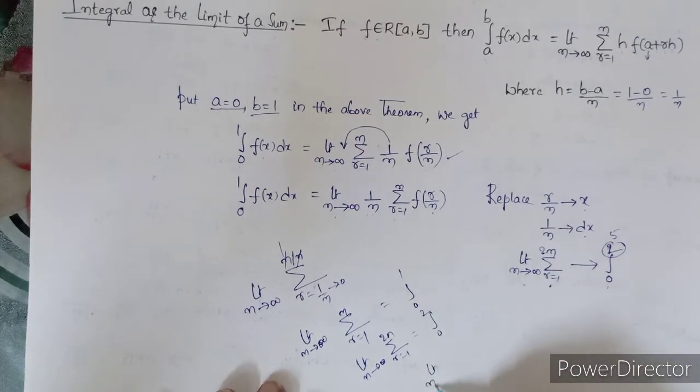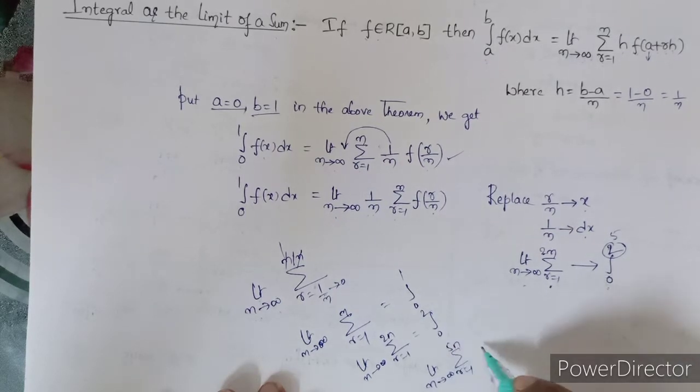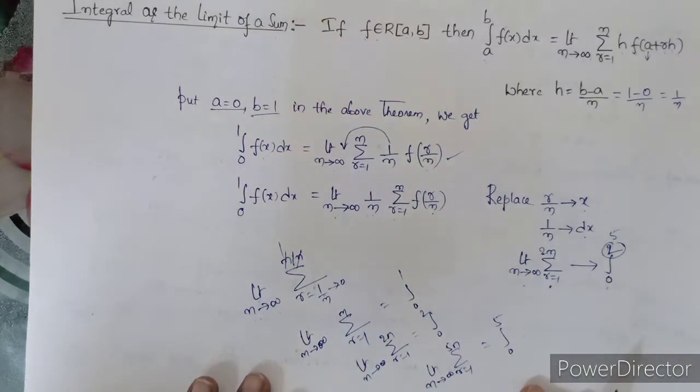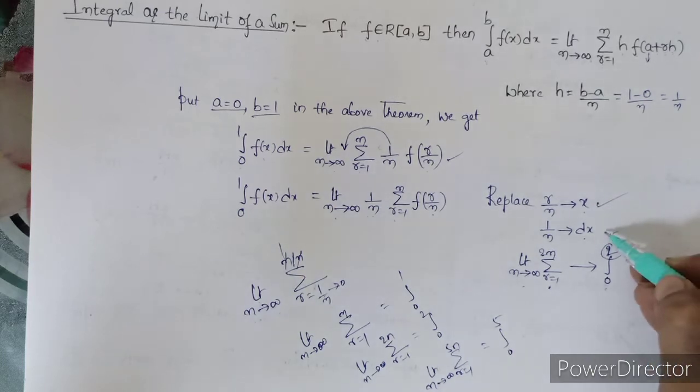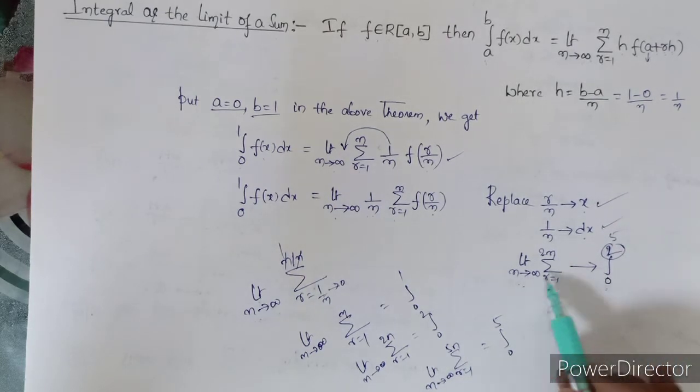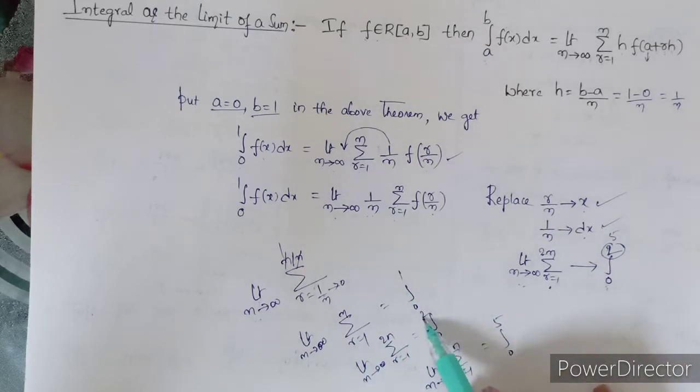Suppose the limit n tends to infinity sigma r equals 1 to 5n, then the limits of integration are 0 to 5. So that is the main theme. We have to replace r by n by x, 1 by n by dx, and the limit of sigma as integral 0 to 1, or integral 0 to 2 if it is 2n. Suppose the upper limit is 5n, then integral 0 to 5.